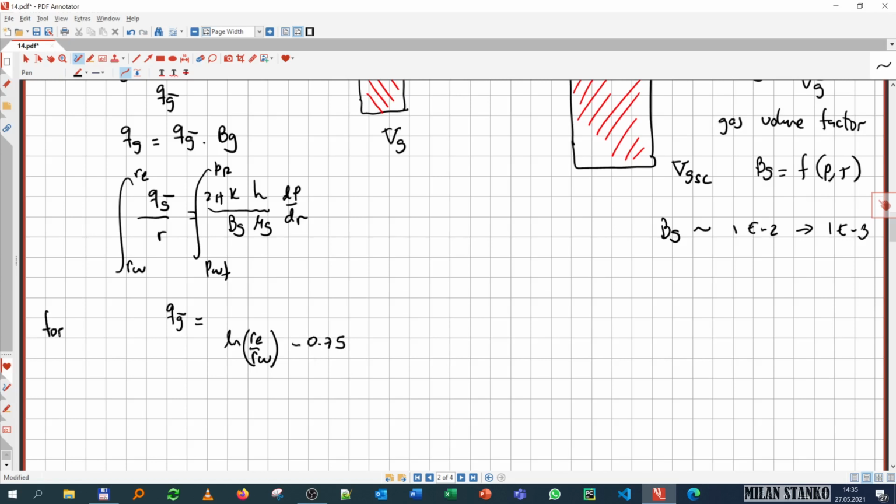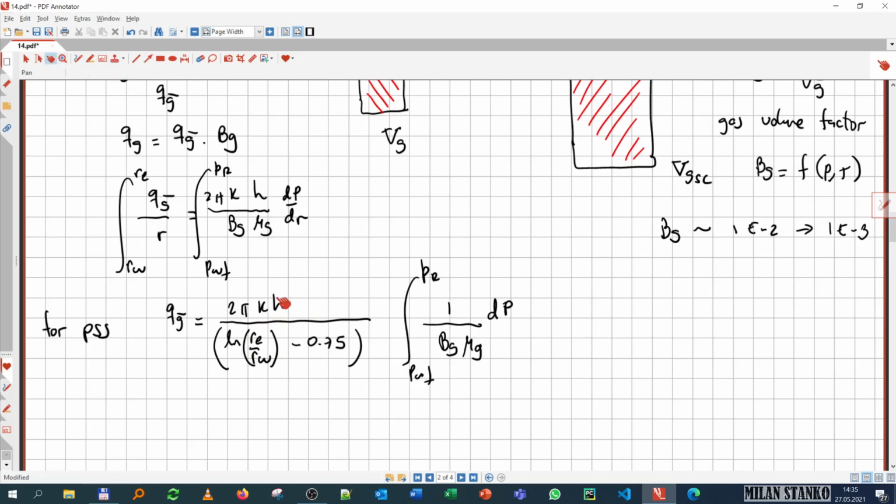Okay, for pseudo steady state, we have all of that part down here, and we have 2 pi kh, and then we have this integral of Bg mu g dp, from PWF to PR. That's now the main part, but you see the geometry part is almost the same. It's the same as the undersaturated oil. But this integral on the fluid properties is the one that we now have to work out how to do.